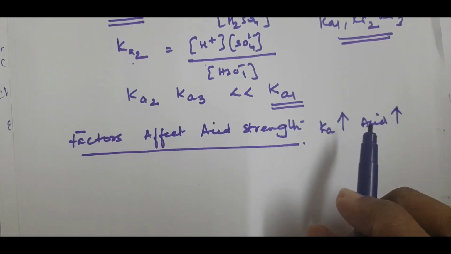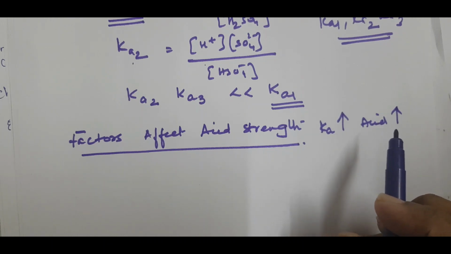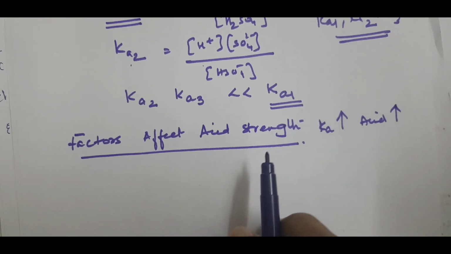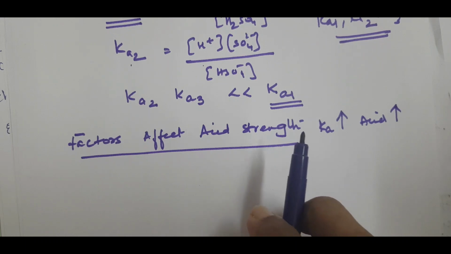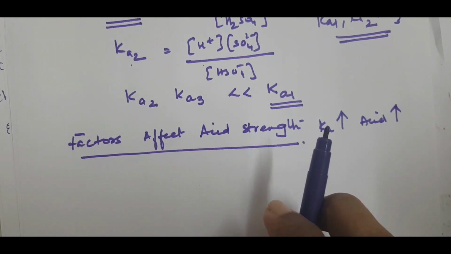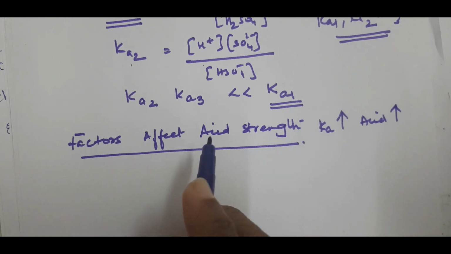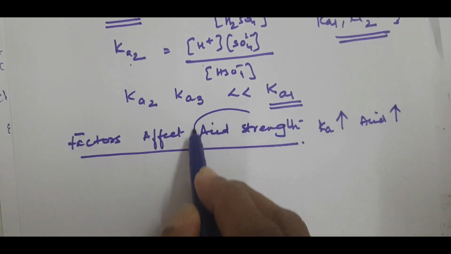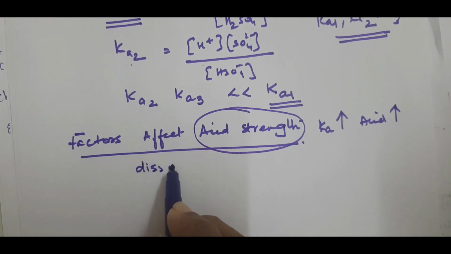But now the question is, if I say HCl or acetic acid, you will say HCl is more acidic than acetic acid. What is the reason behind saying that HCl is more acidic than acetic acid? Broadly, the acid strength can be seen as the extent of dissociation.